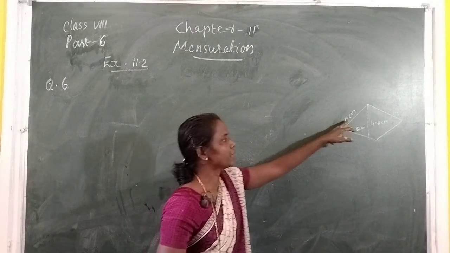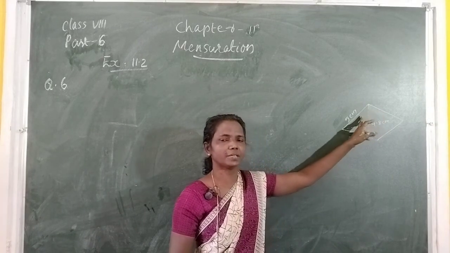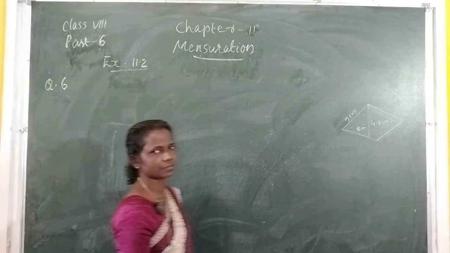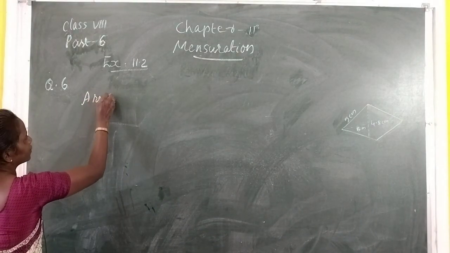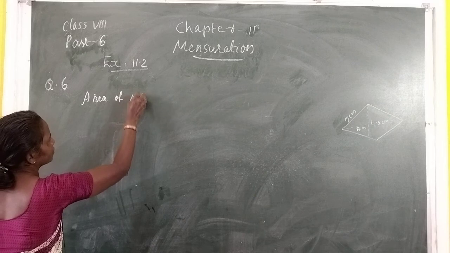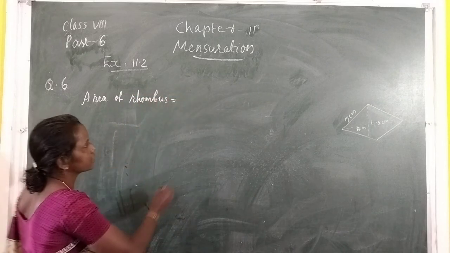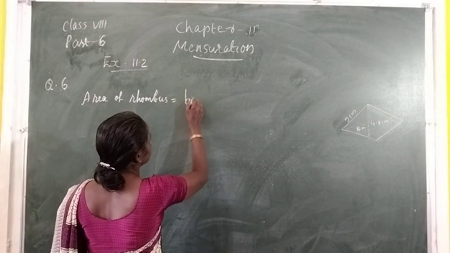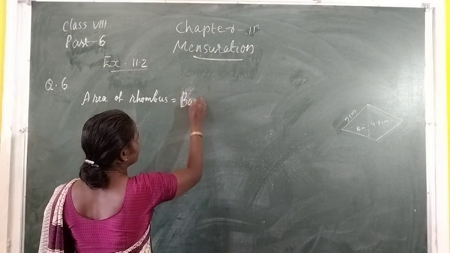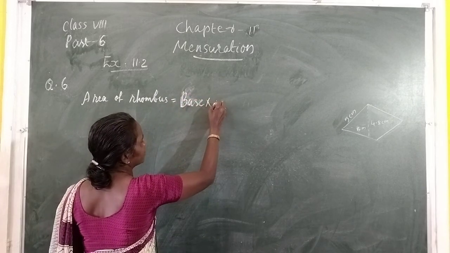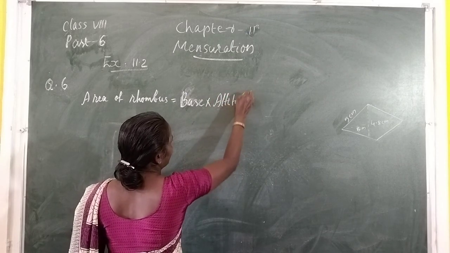This means one side and the altitude are given, so we can find out the area of the rhombus. Which formula? Area of rhombus is equal to base multiply altitude.